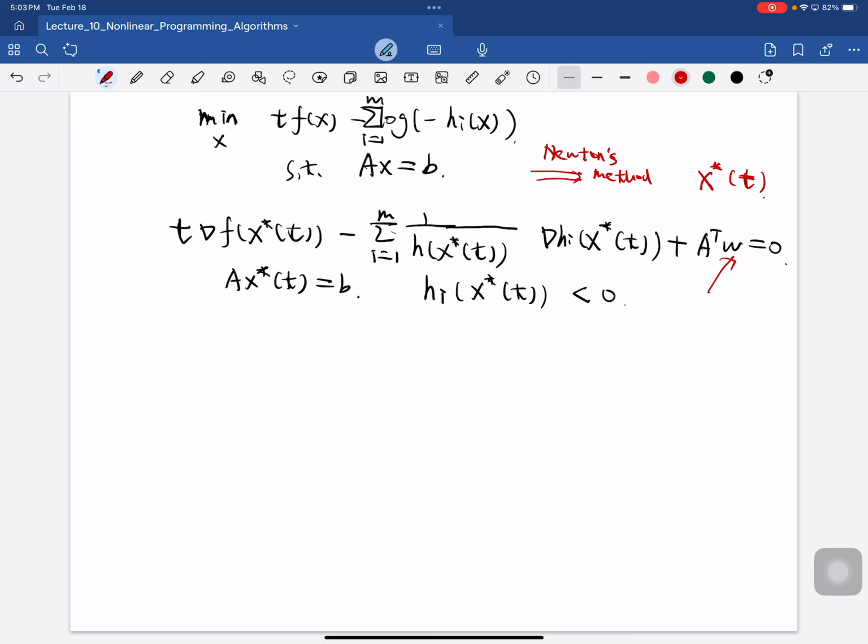Whenever x star is a primal optimal solution, there must exist some dual variables that together with x star satisfy the KKT conditions. You don't have to take notes; I will post this online. So this is an optimal dual variable.